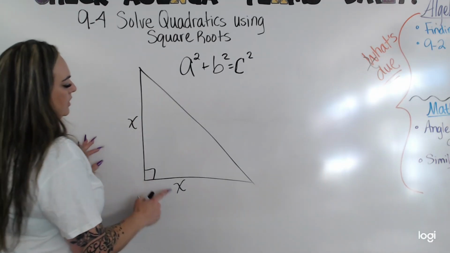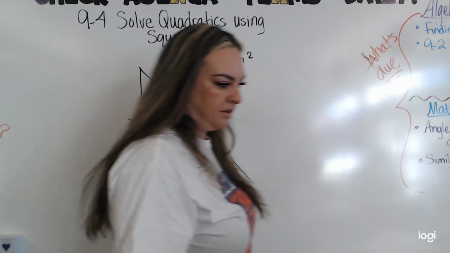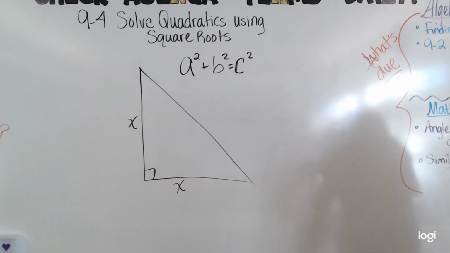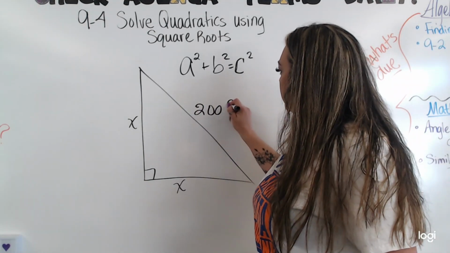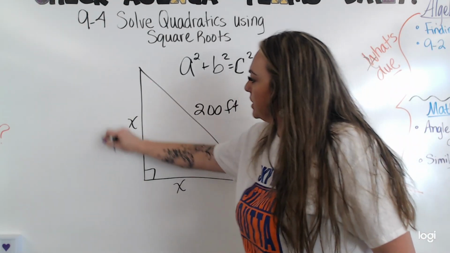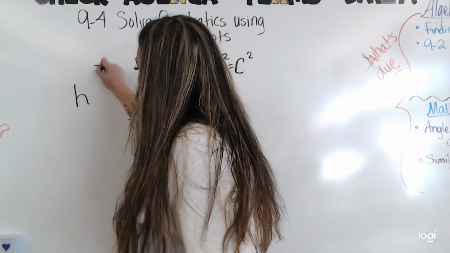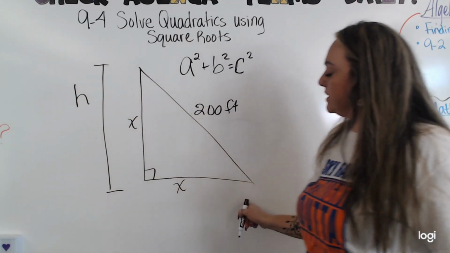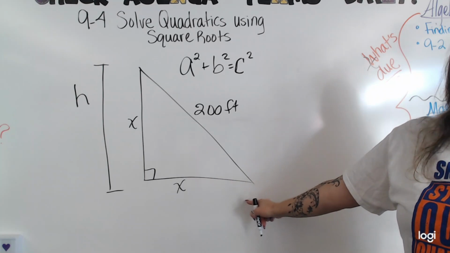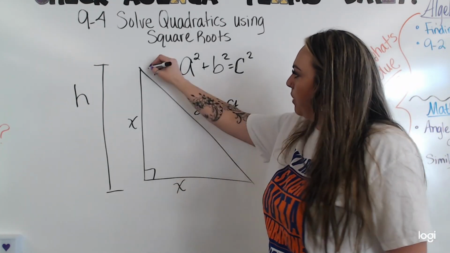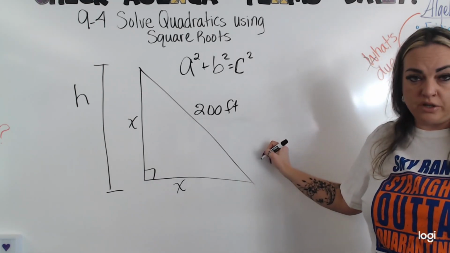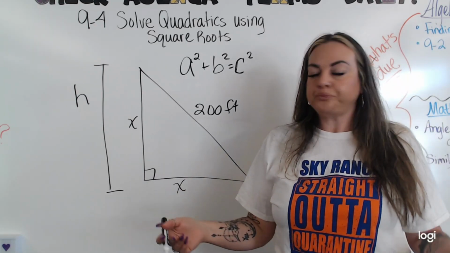So let's say that we're dealing with a cell phone tower. The only thing we know is the height is x, and the base of this distance is x. So we know that the wire that goes diagonally is 200 feet, okay?